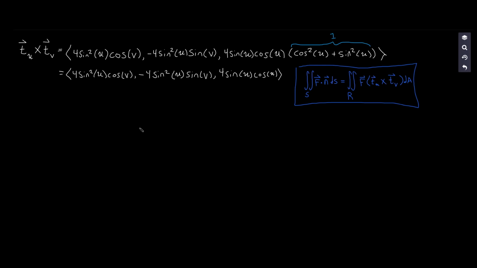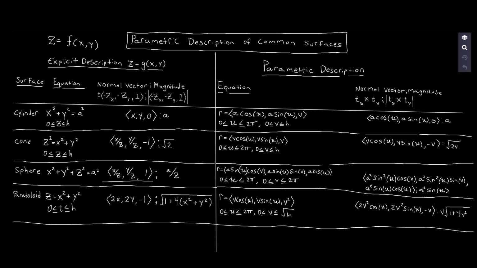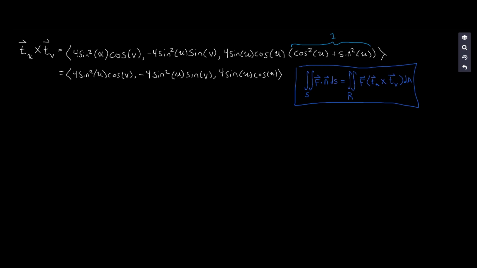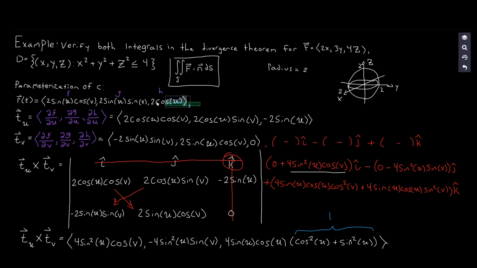When we recall the parameterization that we did previously, right here, for x it's 2 sine of u times cosine of v. For y it's 2 times sine of u times sine of v. And for z it's 2 times cosine of u. And that's shown right here. So I'm just gonna grab that.